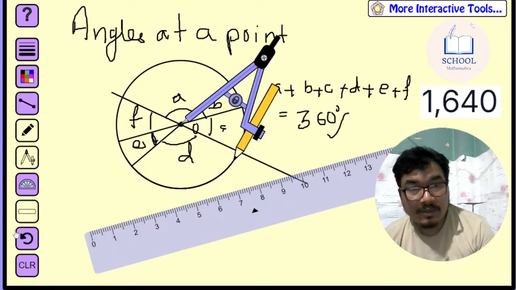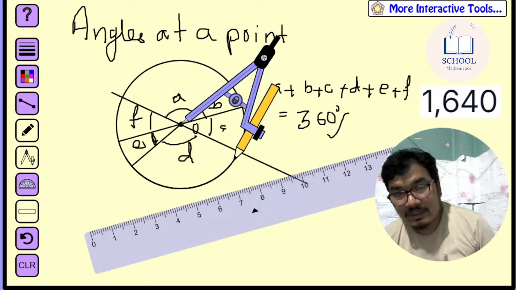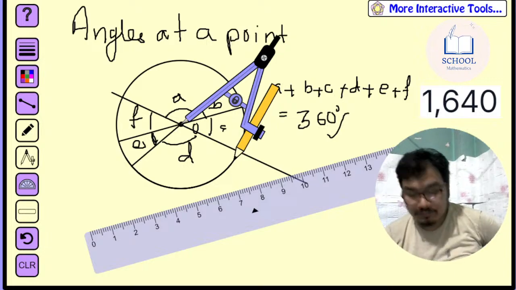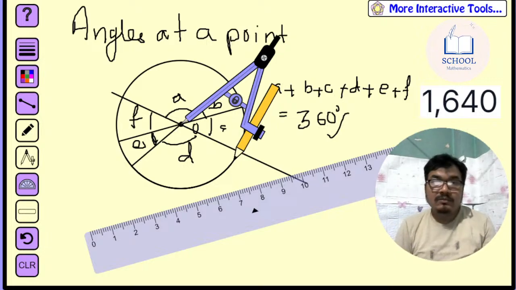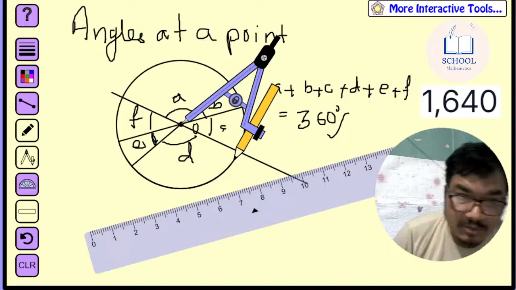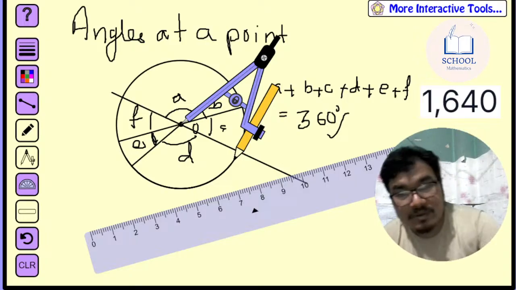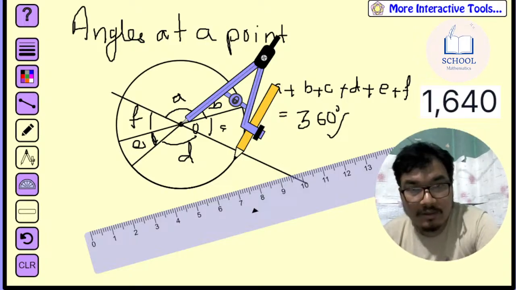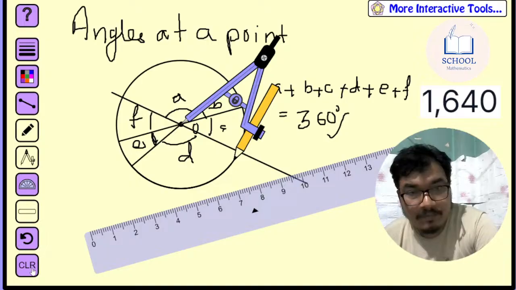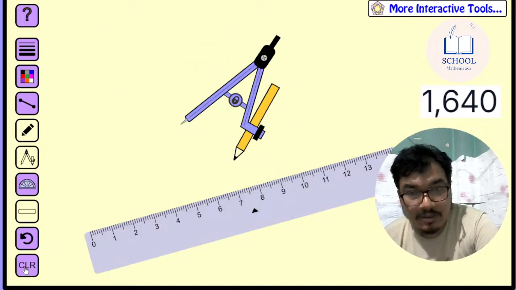Okay, and now I'm moving to the next one. This is the angles at a point. That is called a complete circle also. One complete circle is made here. I want to clear this.